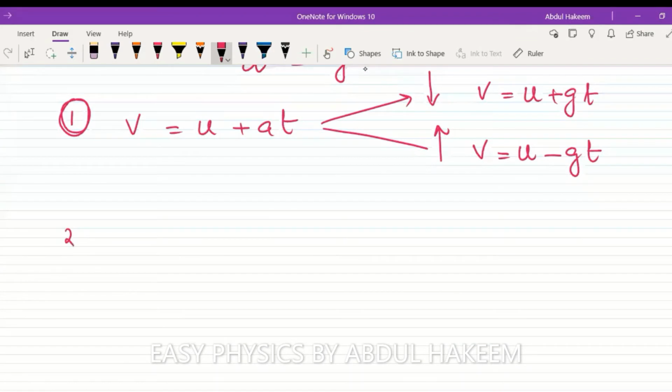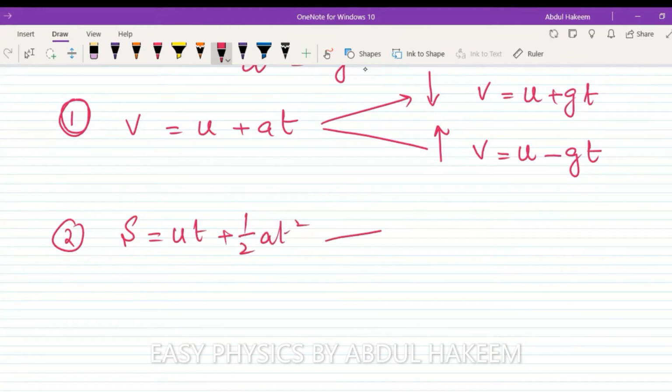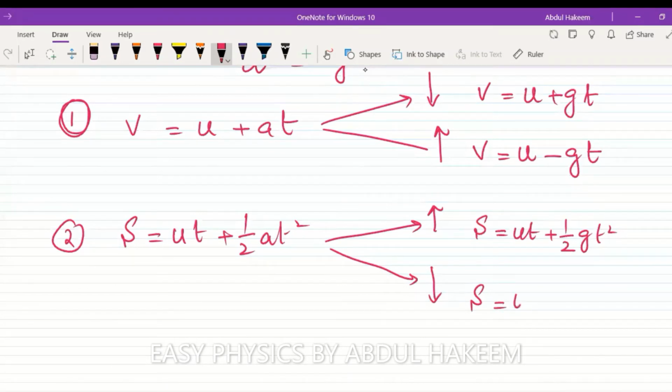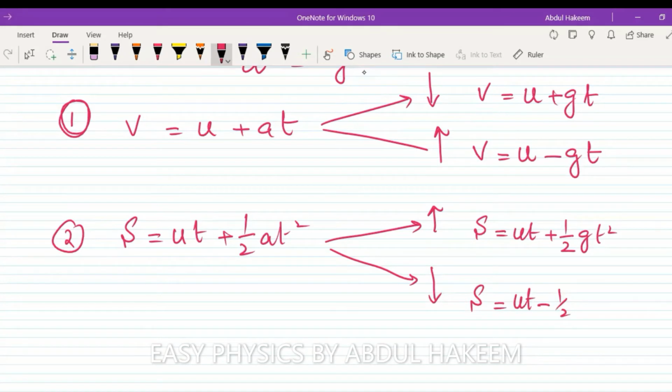And the next equation, which is s = ut + 1/2 at². For the downward motion, it can be written as s = ut + 1/2 gt². And for the upward motion, s = ut - 1/2 gt².